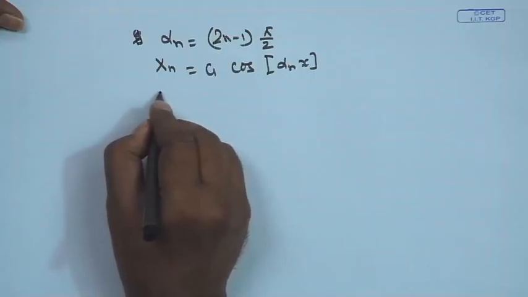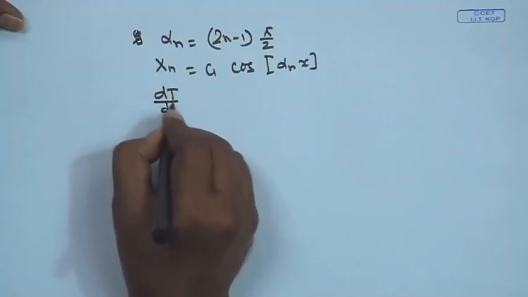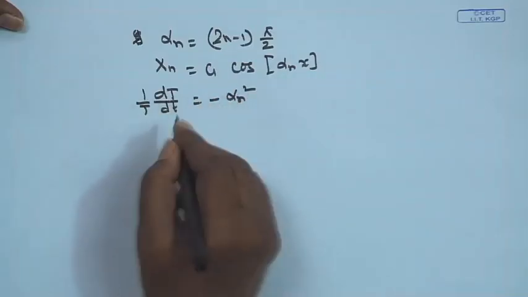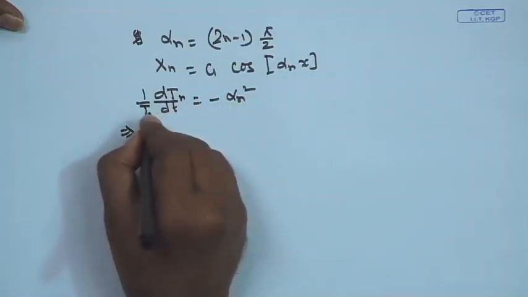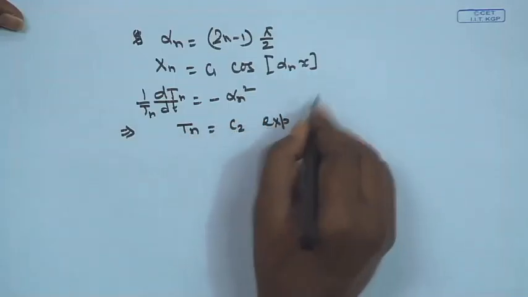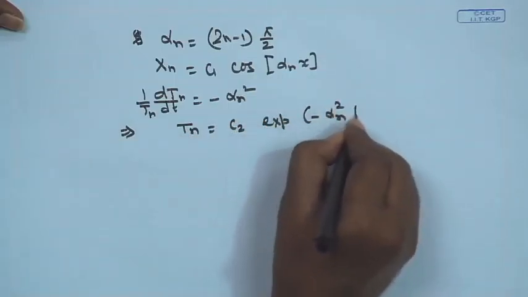Okay. So, corresponding to the time varying part, we will see dT by T is equal to minus alpha n square. So, T n will be nothing but C2 exponential minus alpha n square t.